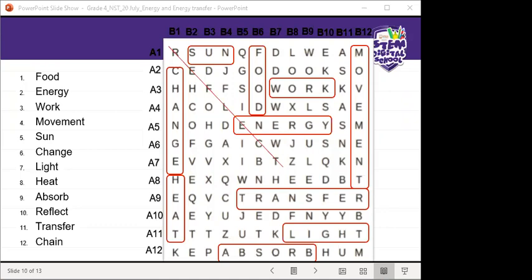A4, B2. A5, B3. Okay, just hold on. Is it going down to the left or the right, or is it diagonal? Down to the right. All right, so it's diagonal. There we go.